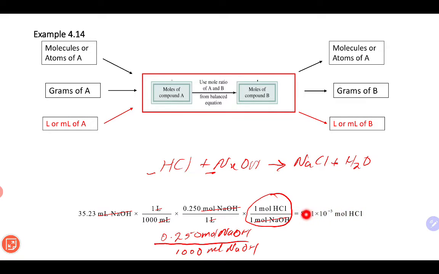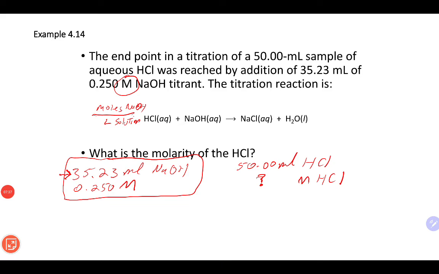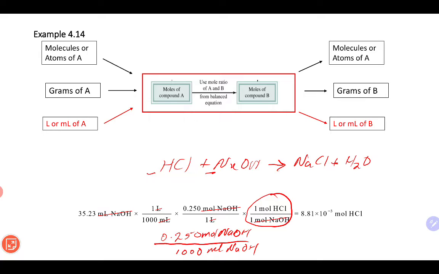So if we look back at our original problem, we had 50 milliliters of the HCl solution. So in order to get the molarity of the HCl, we're going to take this many moles of HCl and divide it by 50 milliliters, but we need that in liters.